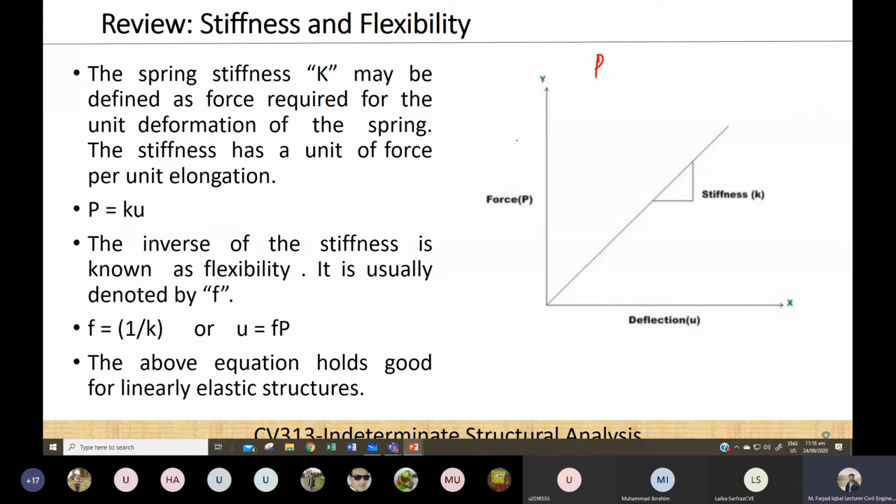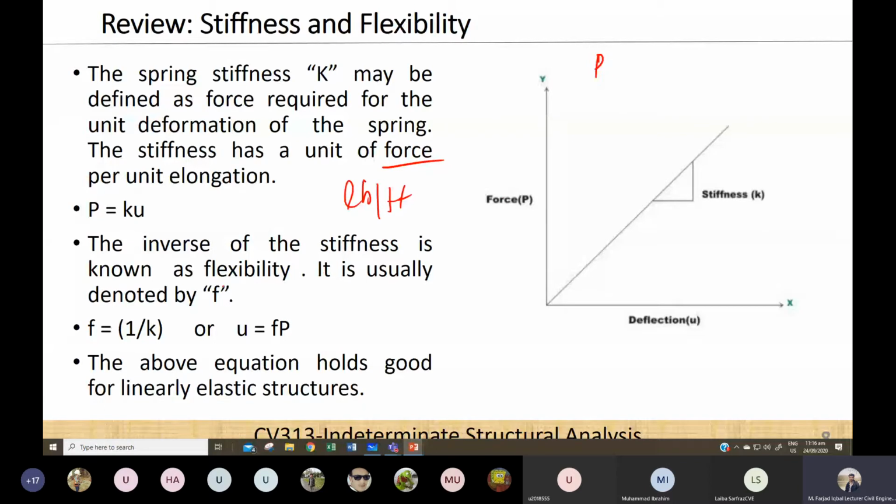So this is the relationship of stiffness: the force required for the unit deformation of the spring is known as stiffness, and its units are obviously force per length. It can be pound per foot, kilonewton per meter, or whatever the units are. And what is flexibility?